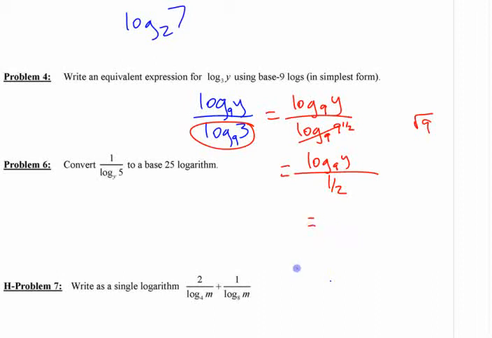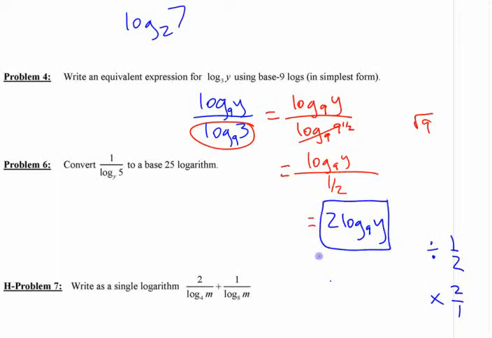Or in other words, what's that going to be equal to? Dividing by 1/2 is the same as, you learned this in grade 8 actually, you don't write it like this, but you write it like this. Dividing by 1/2 is the same as multiplying by 2, right? 2 over 1, 2. So dividing by 1/2 is the same as multiplying by 2. 2 log base 9 of y.